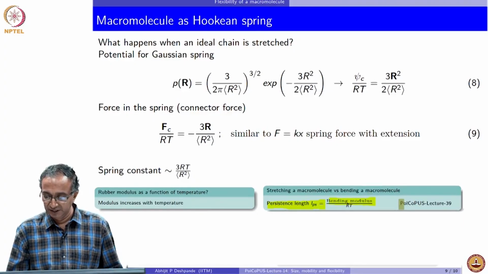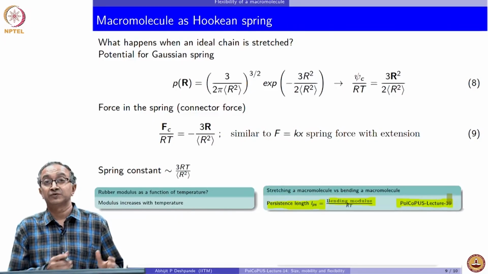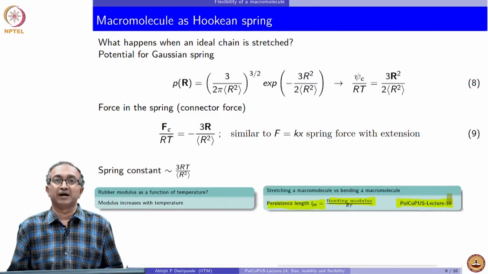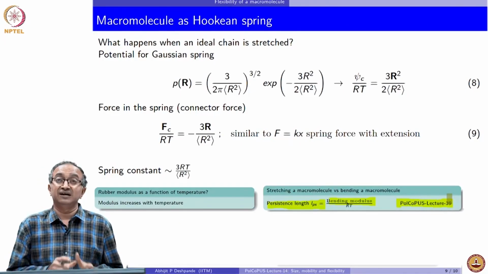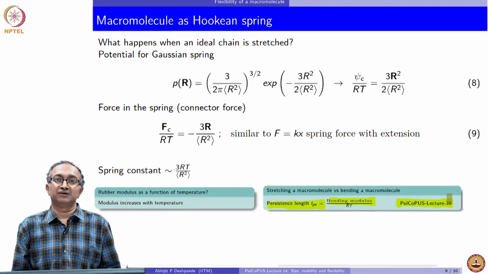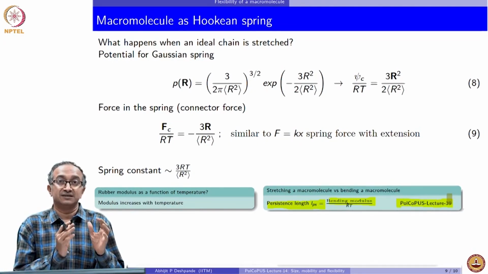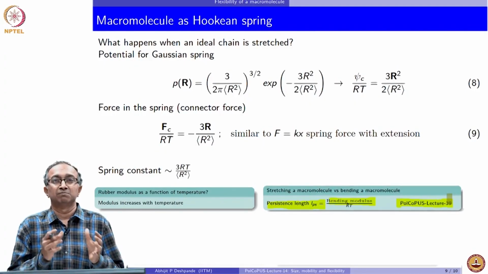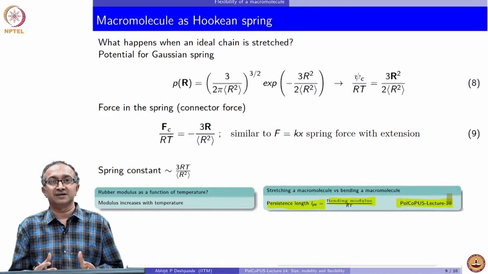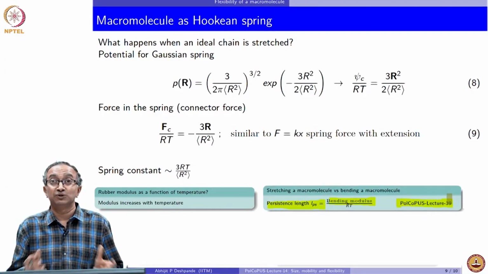This concept is also useful in describing solution and melt response of macromolecules. So in a nutshell, by looking at single macromolecular response, its statistical properties, and the size and shape that it acquires, we've been able to explain the mobility of macromolecules, and we will be able to explain the viscoelasticity of polymeric systems.